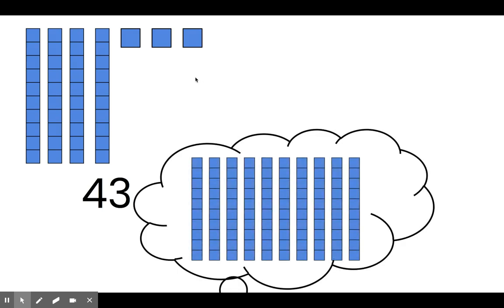What would we do if we had 10 tens? Do you remember what we can trade 10 tens for? 1, 2, 3, 4, 5, 6, 7, 8, 9, 10. 10 groups of 10. Let's count by tens. 10, 20, 30, 40, 50, 60, 70, 80, 90, 100.